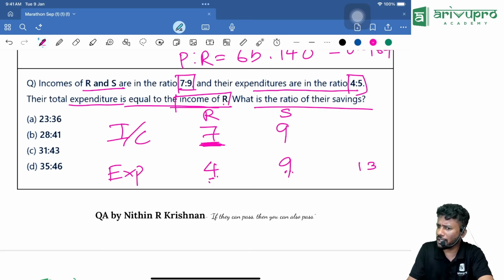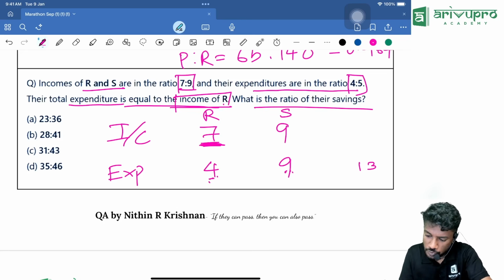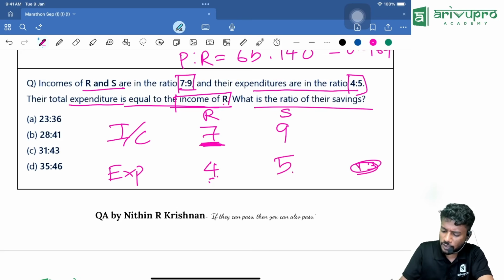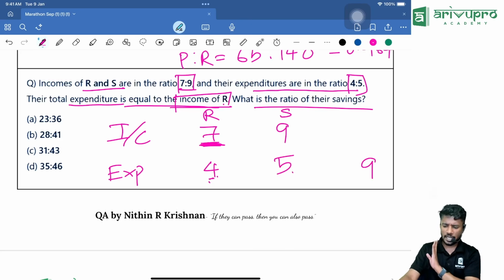Am I right? 4 is to 5. So their total expenditure is equal to how much? 9. Am I right? Now, we will do some jugaad.